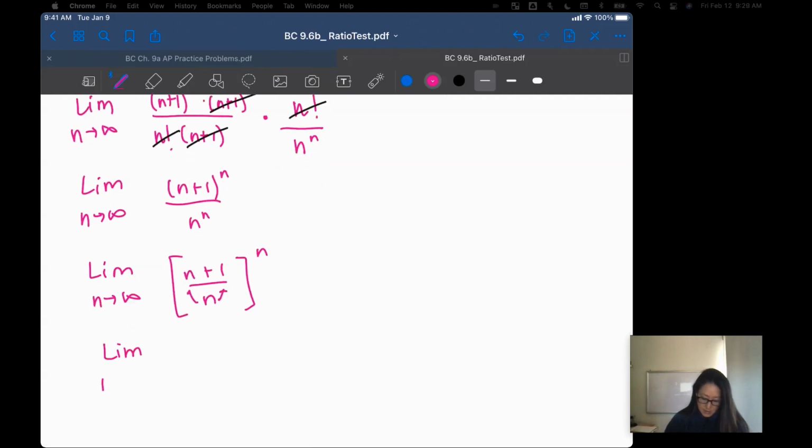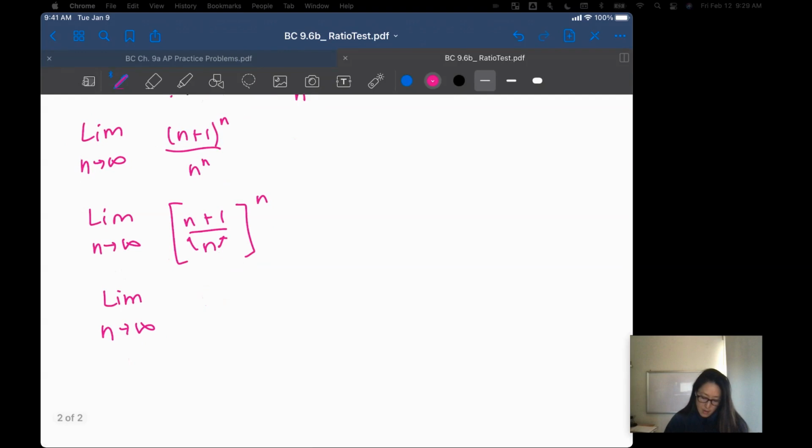So the limit as n approaches infinity of (1 plus 1 over n) to the n, and this is the definition of e. This is e.